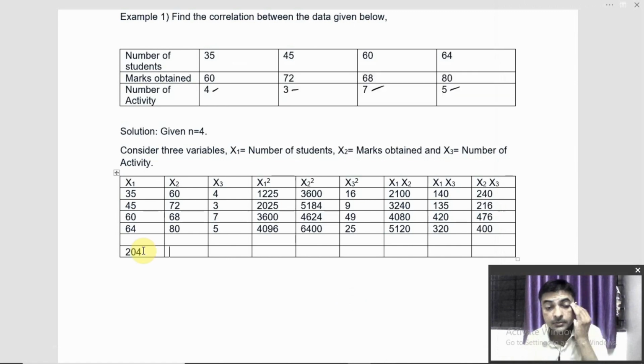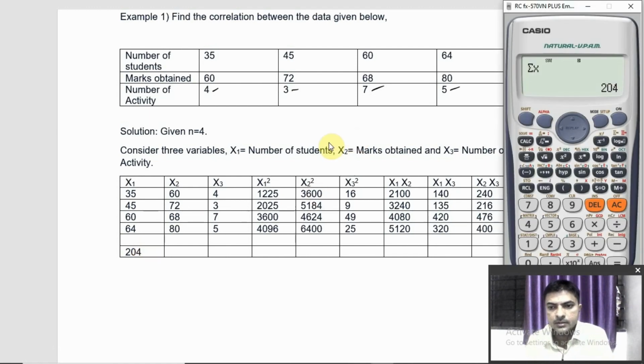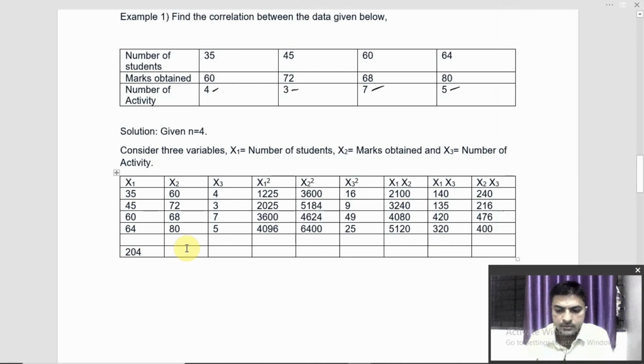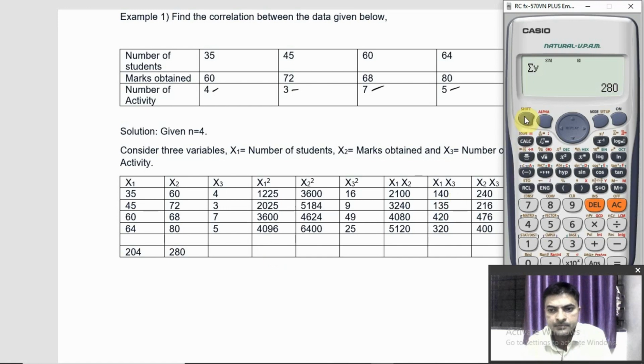Next I have x2, summation of x2 I want. Okay, go to shift 1 3 and summation x2. So summation of x2 I will get here, yes, it is 280. So I will take here 280. So only two values we are finding, so the square summation also we get here easily in the calculator.